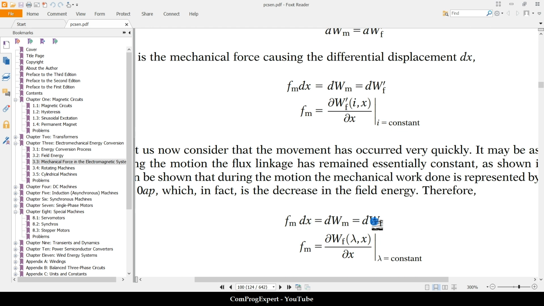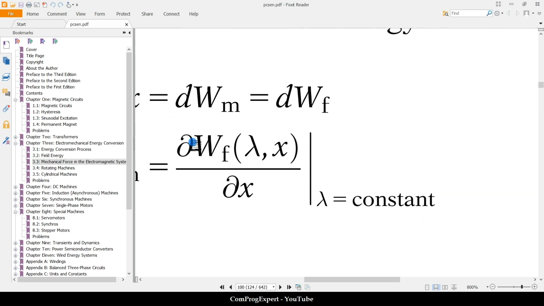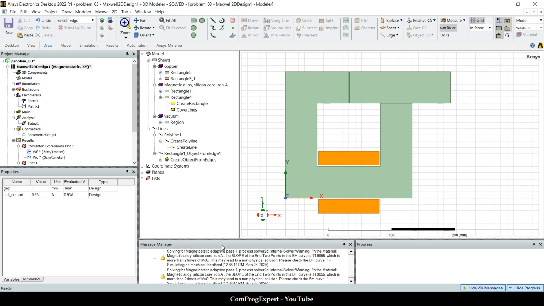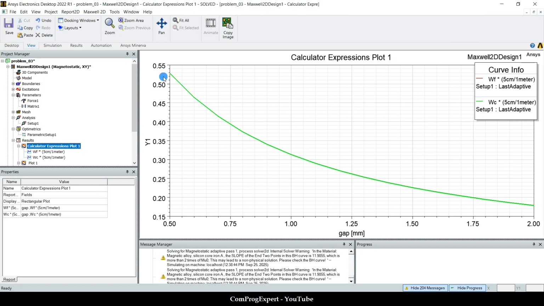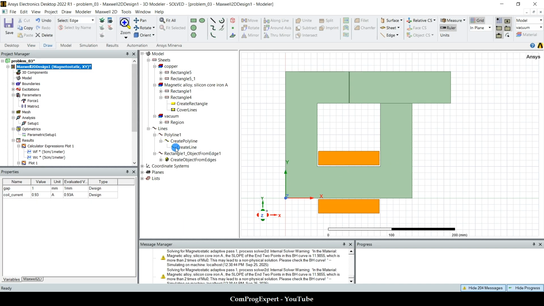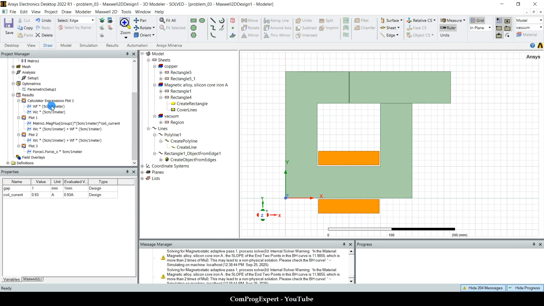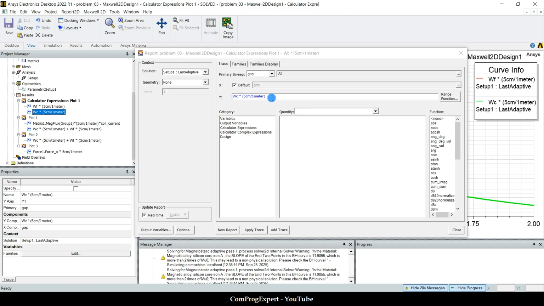And in the energy method, we calculate the partial derivative, the negative one, when the flux is constant. In this parametric study, the flux is not constant, it is varying, but the value of the current is constant. So here I use the co-energy and I take its derivative.